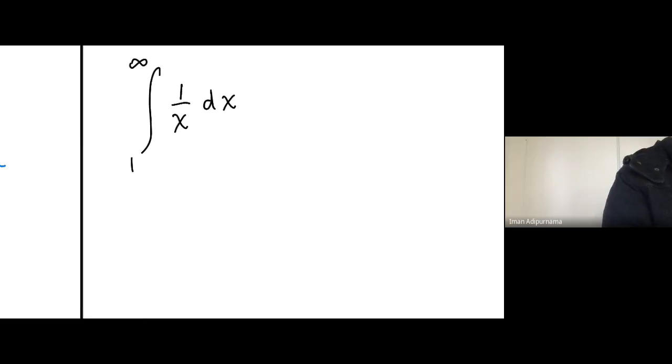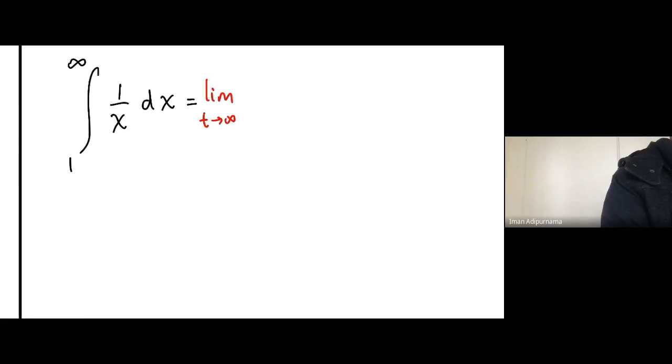So first, we add the limit, say t. Actually, you can use any variable aside from x, but usually t. So from 1 to t, 1 over x dx.